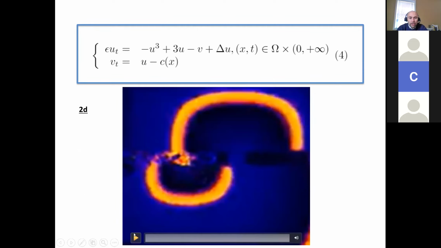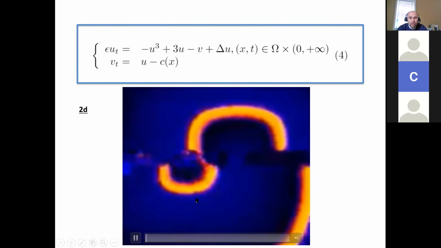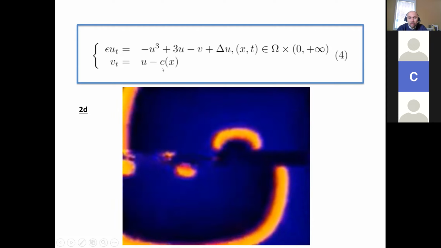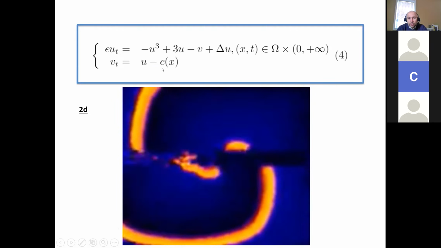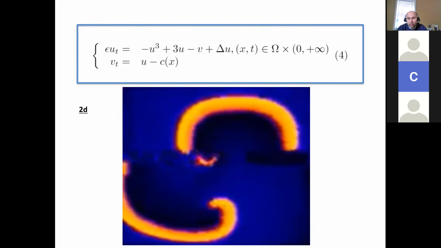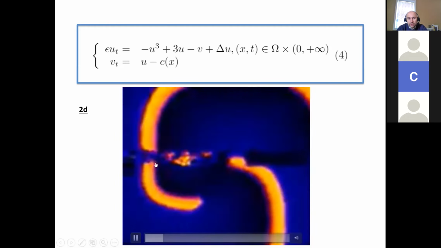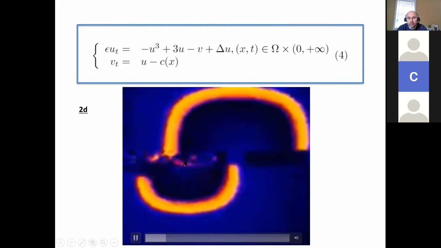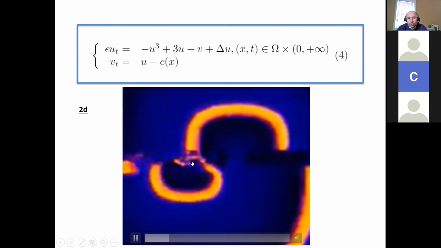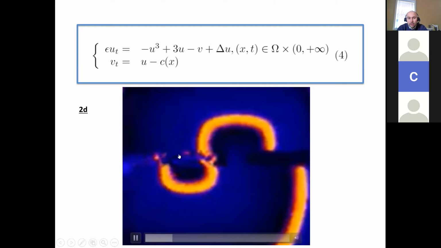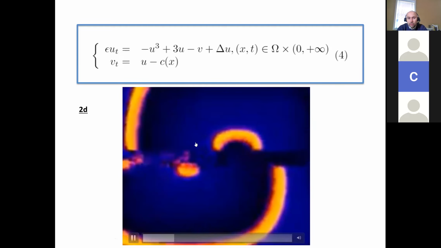And this I already showed you, but if you choose a C of x to be more complicated, you can have more complicated patterns here. So you have these irregularities in the domain, which make the signal hard to go through.